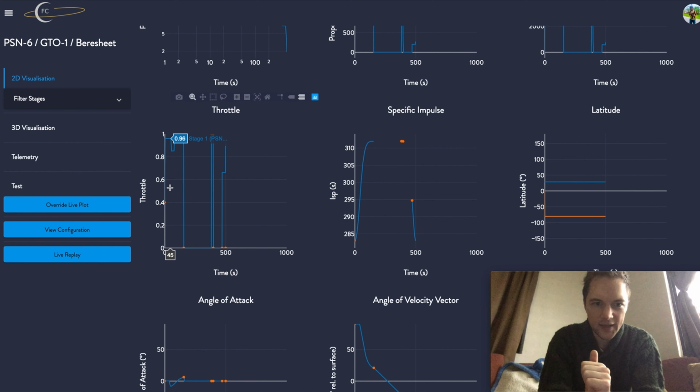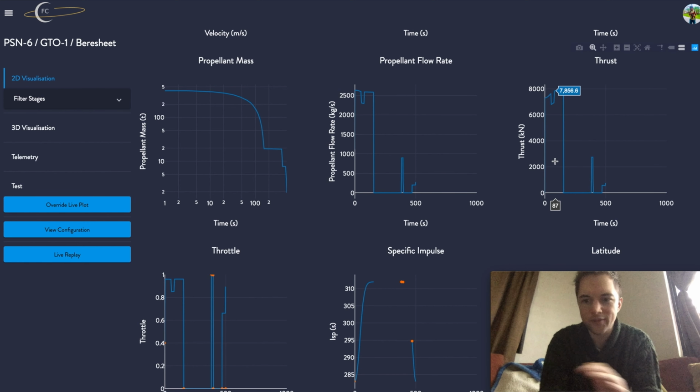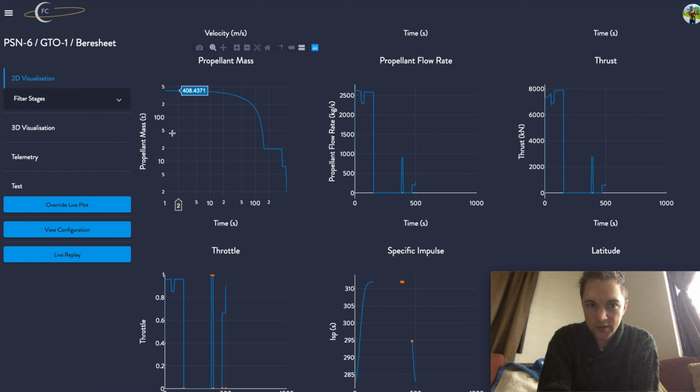So if I have a throttle profile, this kind of throttle curve here for the ascent until MECO, then I can figure out the thrust curve for the ascent until MECO. Because I know everything about the vehicle before the simulation. I know all the engine properties, like thrust and ISP, sea level and vacuum, all that stuff. I also know everything about the vehicle, like its dry mass and propellant mass, payload mass, fairing mass, all those different masses I know.